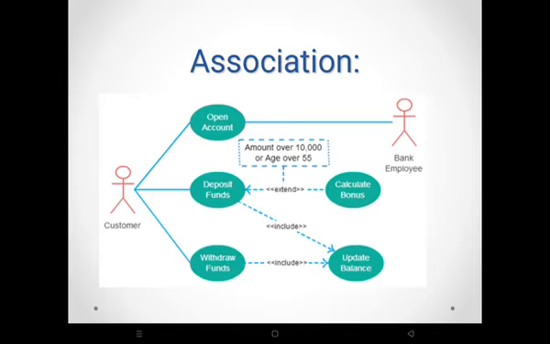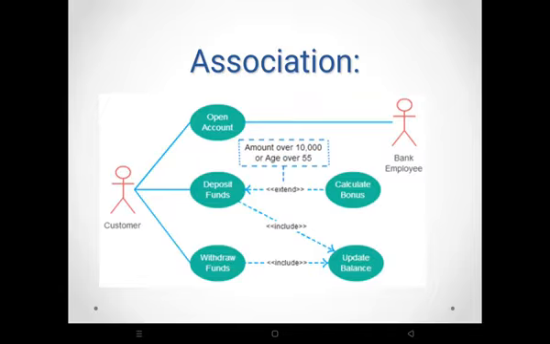Whenever you are depositing an amount, immediately your account will be updated, your balance will be updated. It's a must, it's mandatory. So whenever a customer deposits a fund, immediately the balance is updated. It's mandatory. That situation you can use include. For extend, the use case is not mandatory.